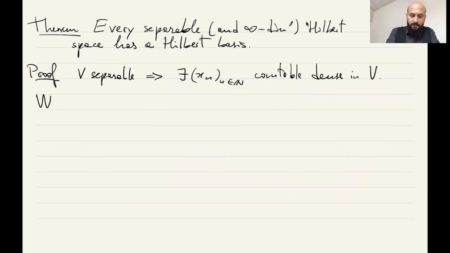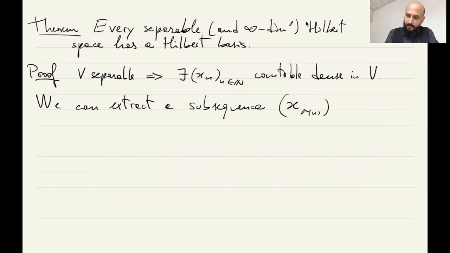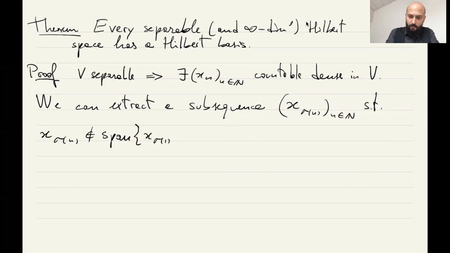So what I say is that we can extract a subsequence, let's call it X_sigma(n), such that X_sigma(n) is not in the span of the previous ones, the span of X_sigma(1), ..., X_sigma(n-1).